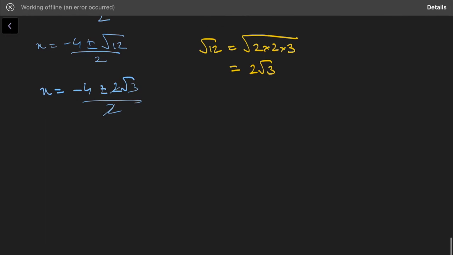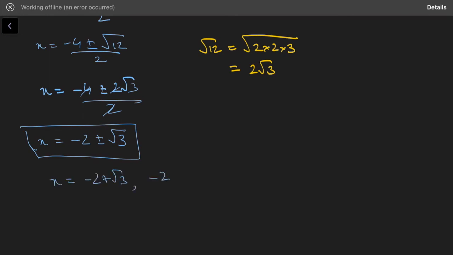Now we can cancel the 2 and we'll have x is equal to minus 2 plus or minus root 3. And this is our solution. We can have x is equal to minus 2 plus root 3 or minus 2 minus root 3. And that is all for this video. Thank you for watching.